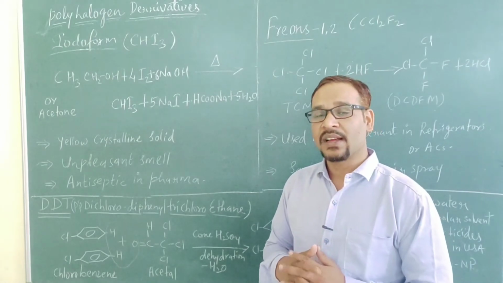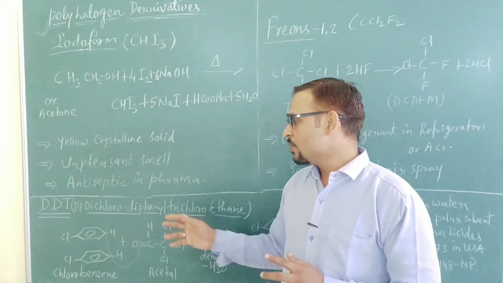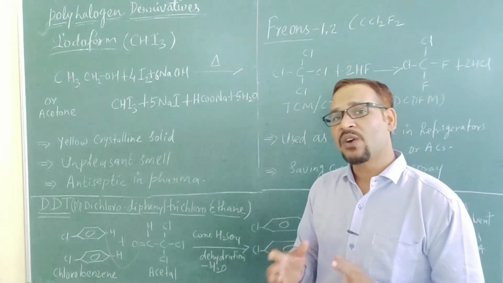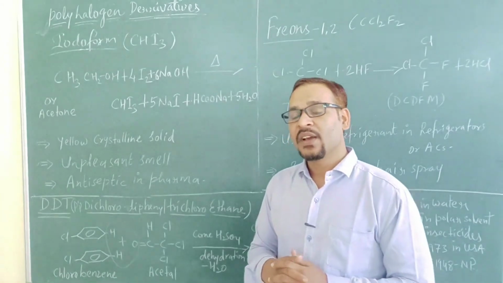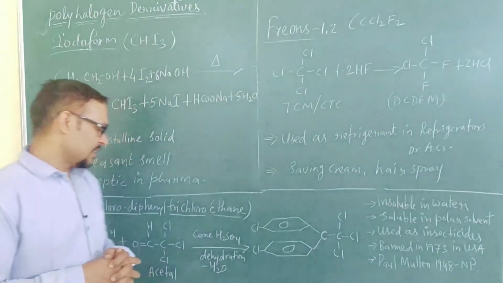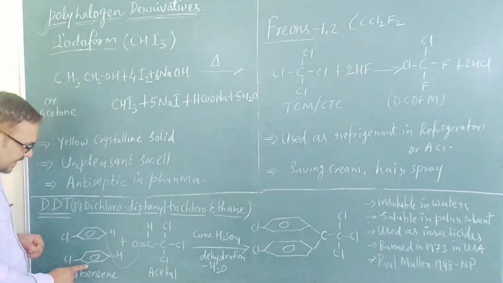So para dichloro diphenyl trichloroethane. Now how is it prepared? It is prepared from chlorobenzene and chloral. See, this is one chlorobenzene, this is the second chlorobenzene.